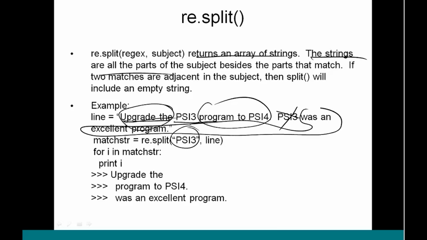So this is also gone, and then up to here. Now you can see how this i is being printed. Basically, it prints 'upgrade' as the first, then 'to PSI 4' as the second, and then 'was an excellent program' is the third one.